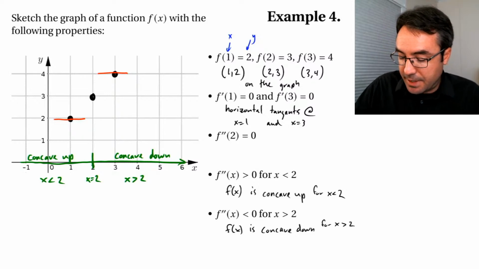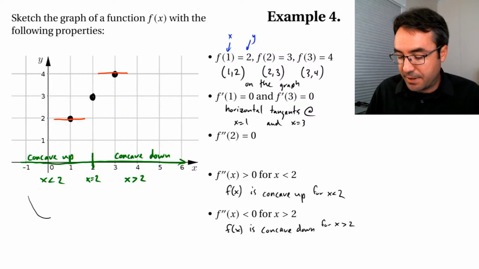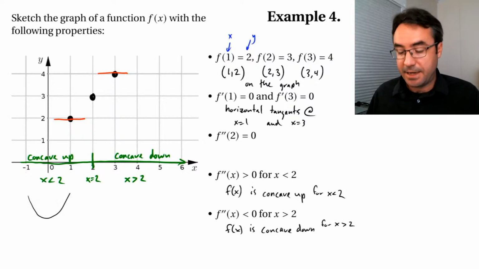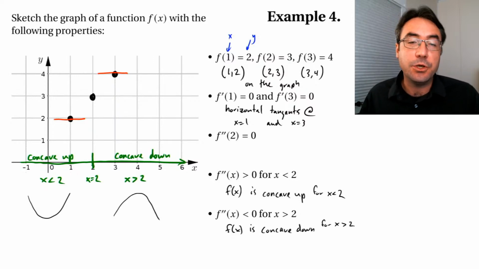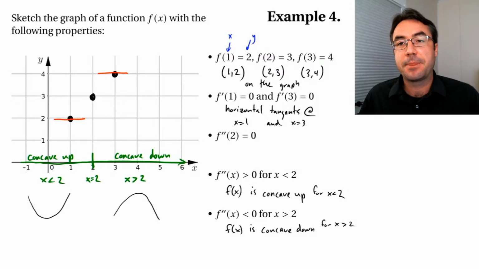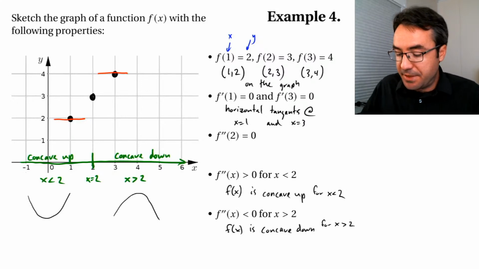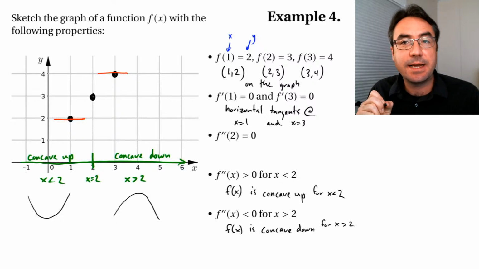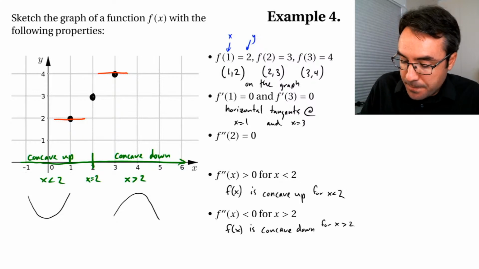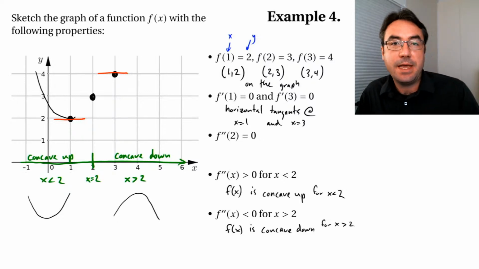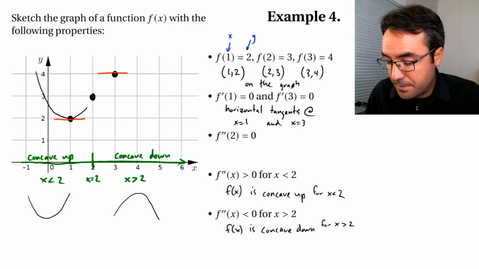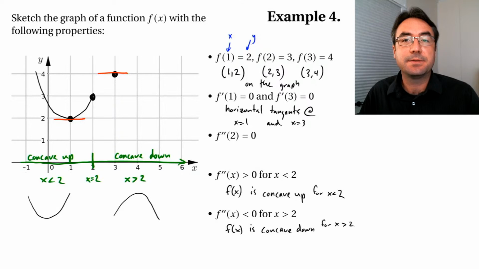Concave up means it looks something like this, and concave down means it's going to look something like this, or pieces of those U and upside down U shapes. But we see that we need to have a horizontal tangent line at x equals 1, so concave up means it has to hit a low point and then keeps going like that.